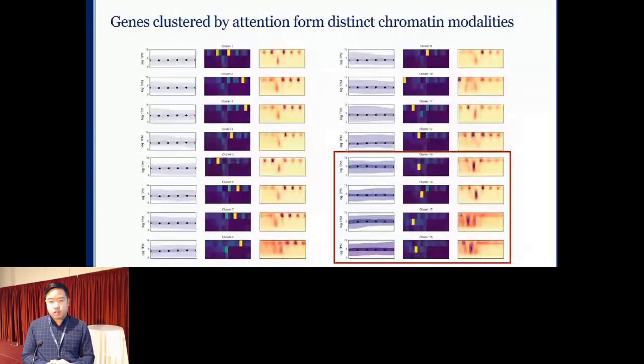And we can also look at the most transcribed gene clusters. We can see that this is a common pattern. The small factors in the promoter are very predictive of these gene clusters.